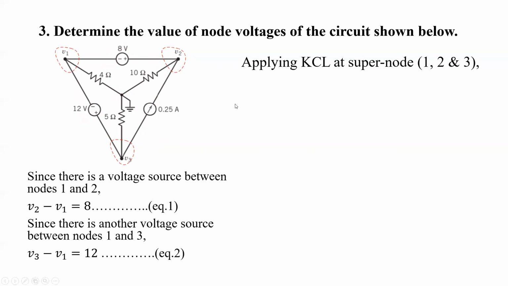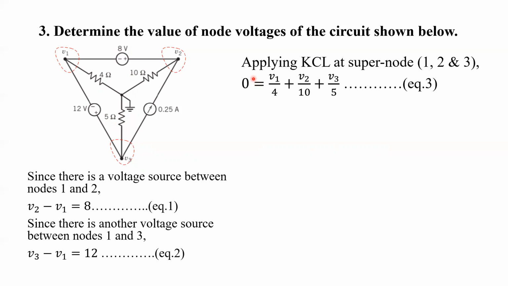So let's apply KCL at the supernode that is formed by the combination of nodes 1, 2, and 3. Here we don't see any incoming current source, because we have already neglected this source. So we have to consider only these three resistors, and in the case of a resistor we always assume the current as outgoing current.